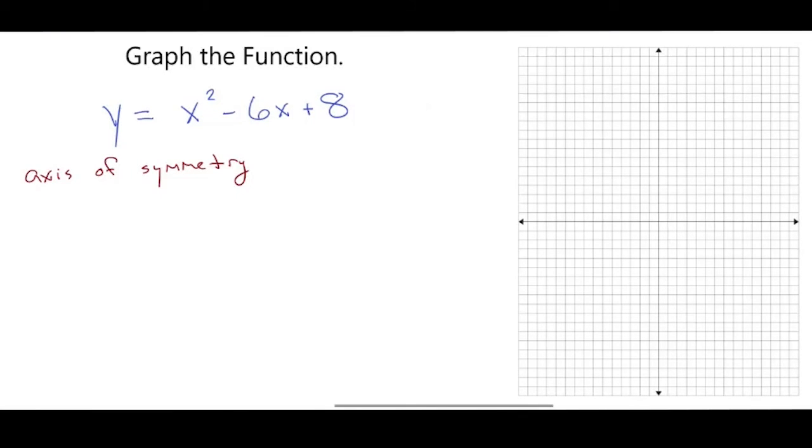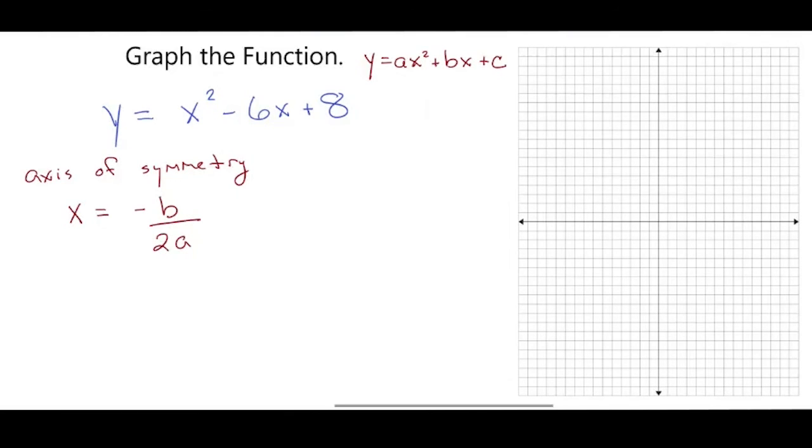And the way you find that is it is where x is equal to negative b divided by 2a. Now, if you'll remember, standard form for a quadratic equation is y equals ax squared plus bx plus c.